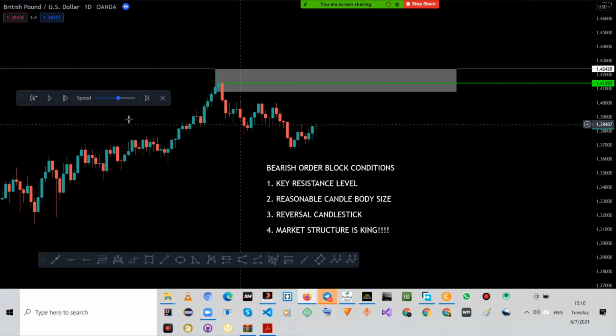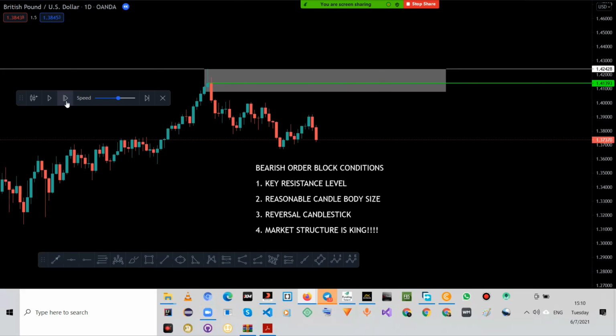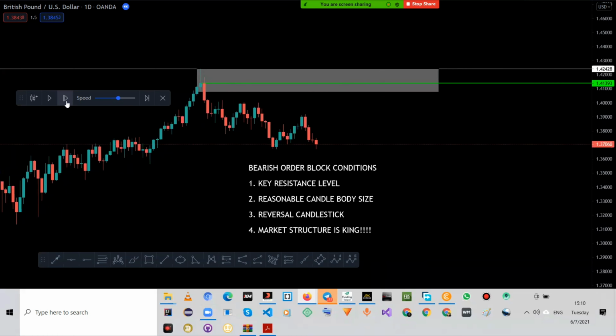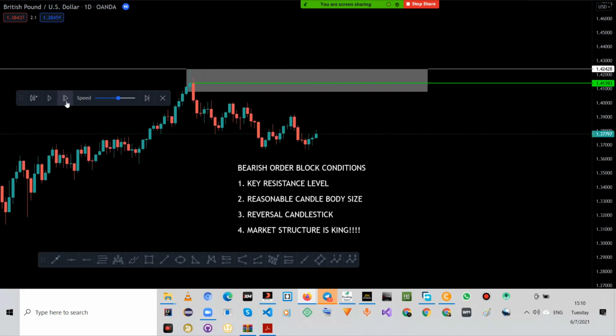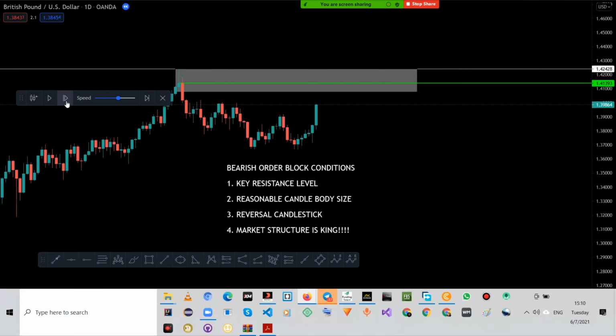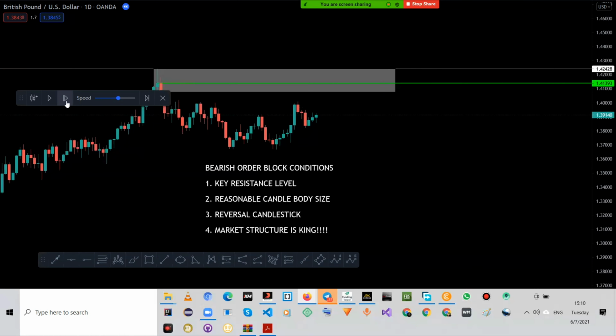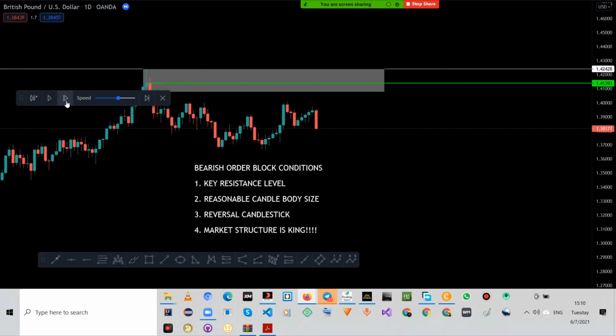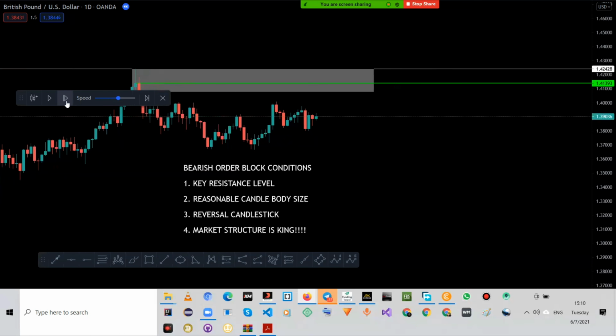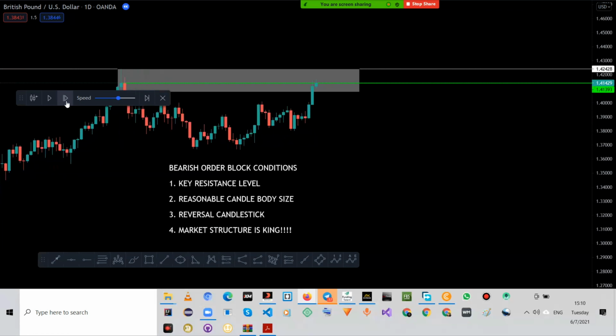So as you can see, price started thrusting, respecting the market structure, and started getting into an uptrend. We are only taking sells. We are only waiting for them.